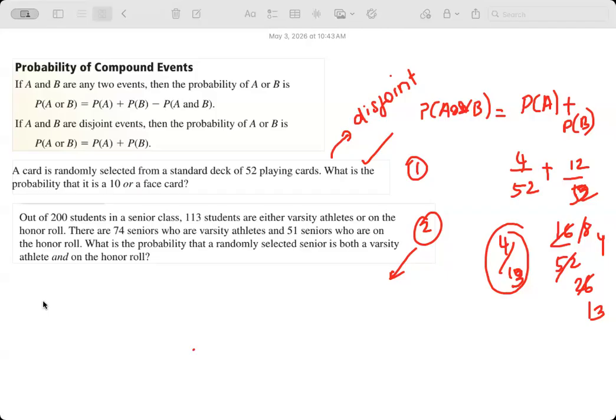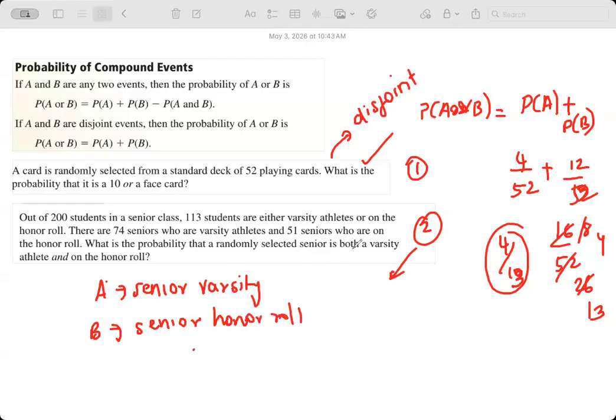There are 74 seniors who are varsity athletes. Okay, 51 seniors who are on the honor roll. A means senior varsity. B means senior honor roll. Randomly selected senior is both a varsity athlete and honor roll.